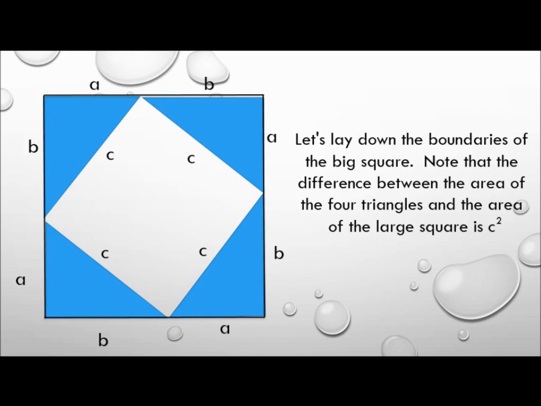Now if we lay down the boundaries of the big square so that we can keep track of it, we can note that the difference between the area of the four triangles and the area of the large square is just c squared. That is to say, c squared is the area of the white space in the middle.